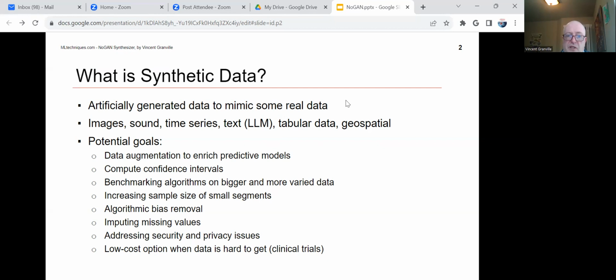You can also use synthetic data for traditional statistical tasks like confidence intervals, for instance. Myself, I use it a lot to benchmark algorithms, to get new original data and hopefully some challenging data that is different from what you get in traditional or business data sets, to see the limits of the algorithms and get more varied data.